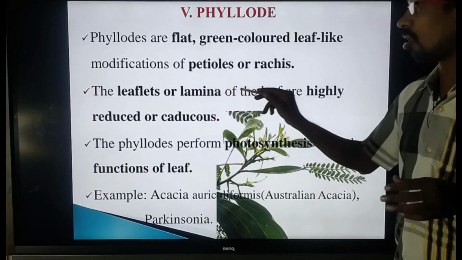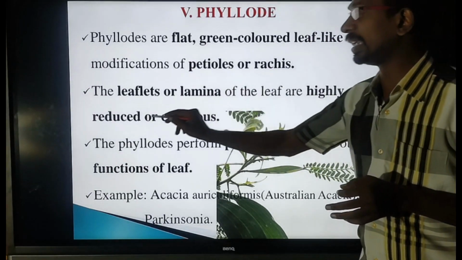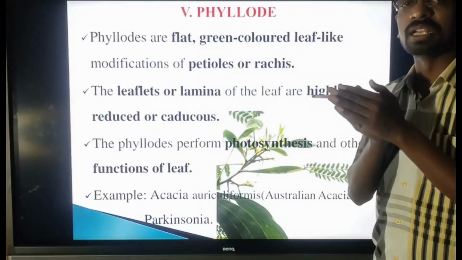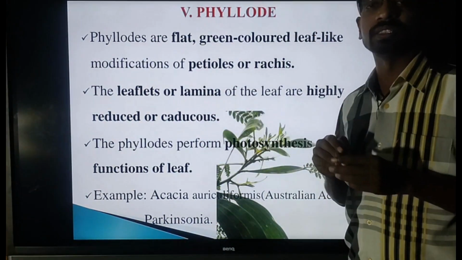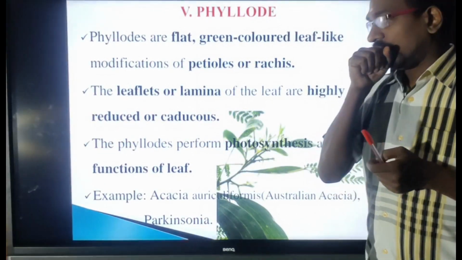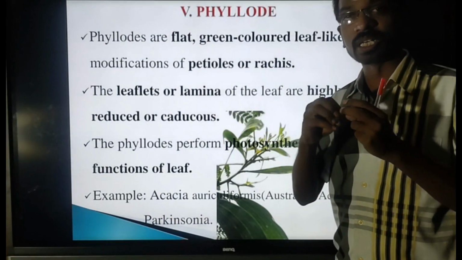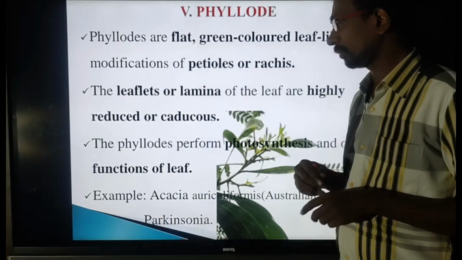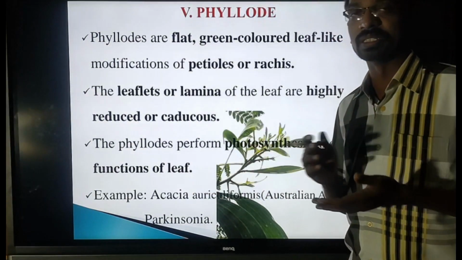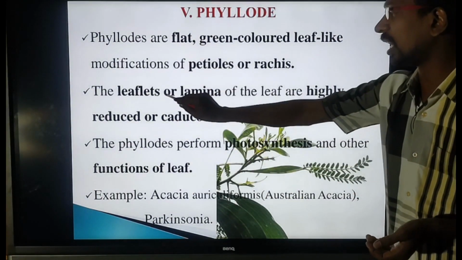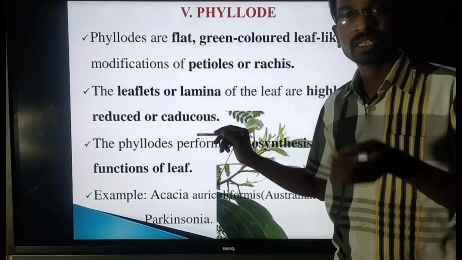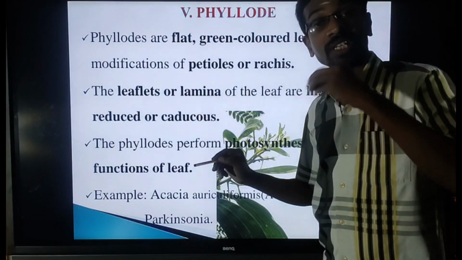The leaflets or lamina of the leaf are highly reduced, or caducous, meaning they fall off very soon after formation. The phyllode performs photosynthesis and the other functions of the leaf, because the leaflet or lamina is highly reduced or caducous.